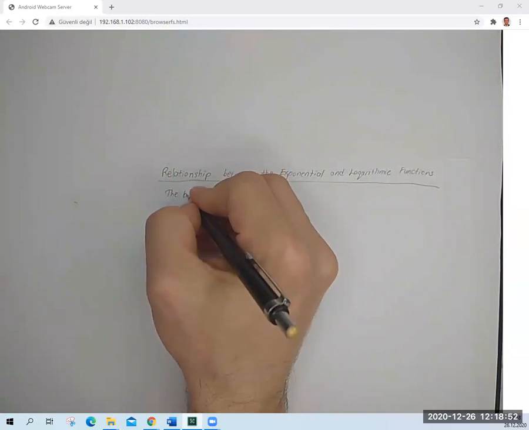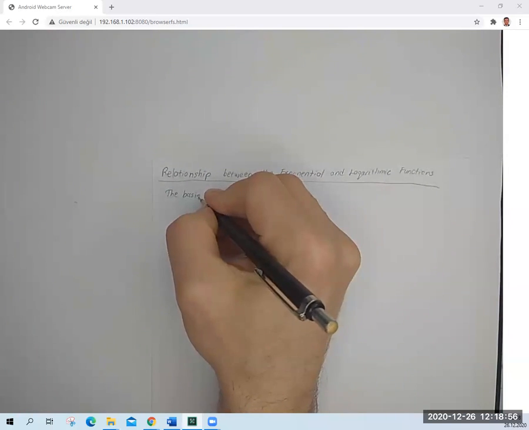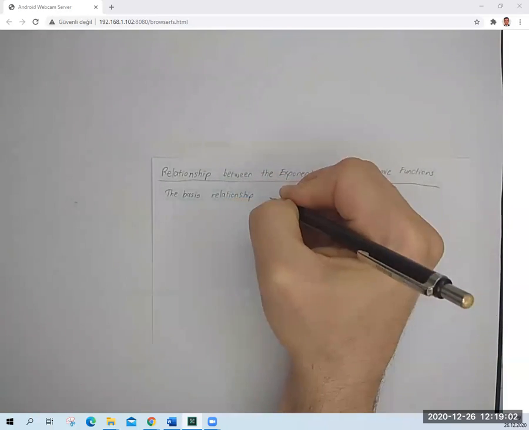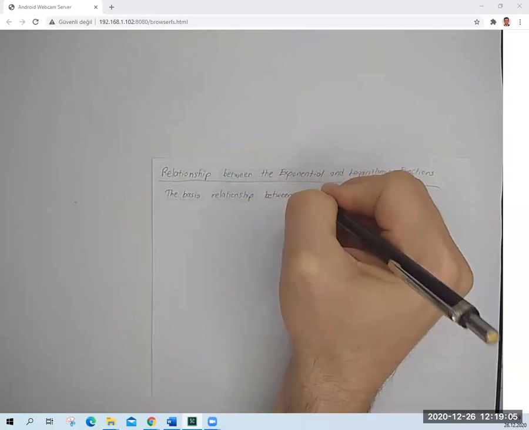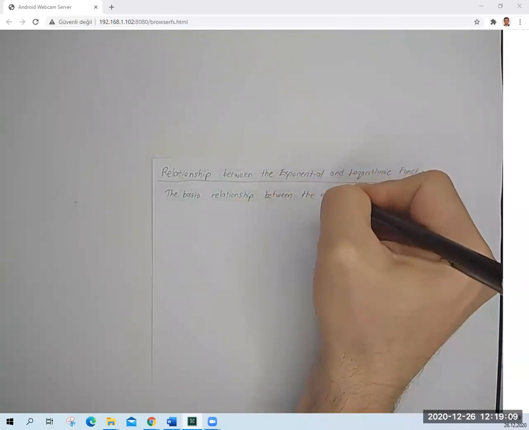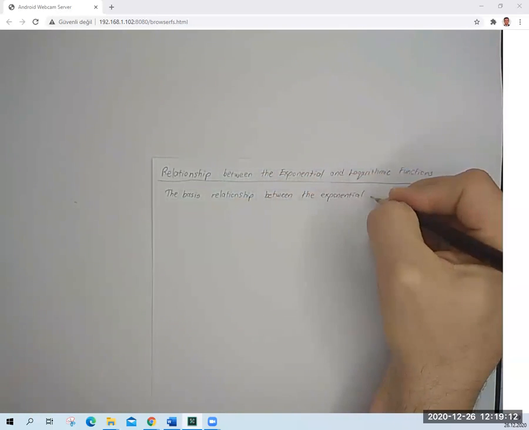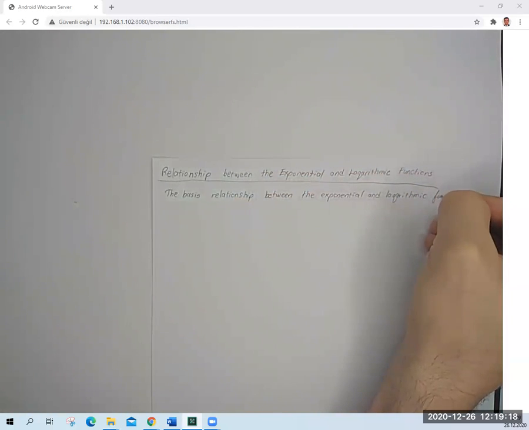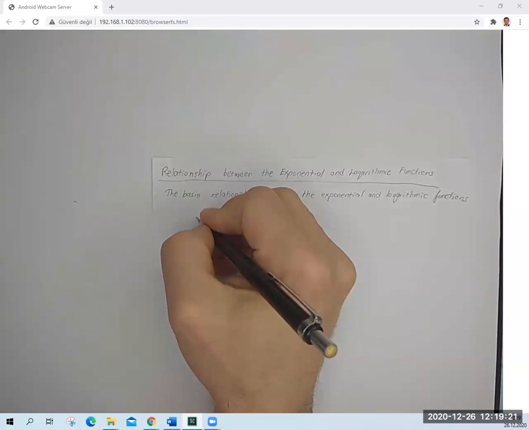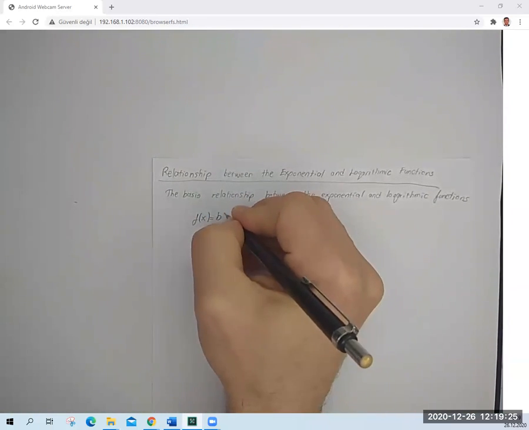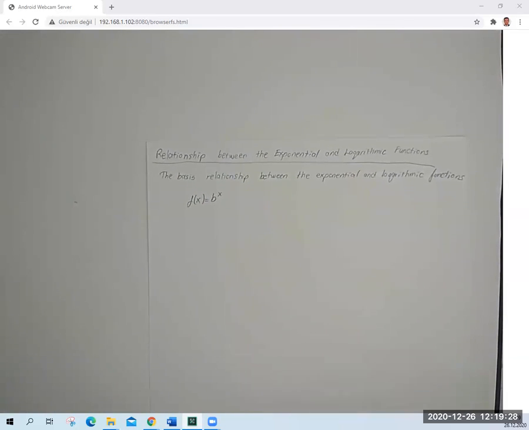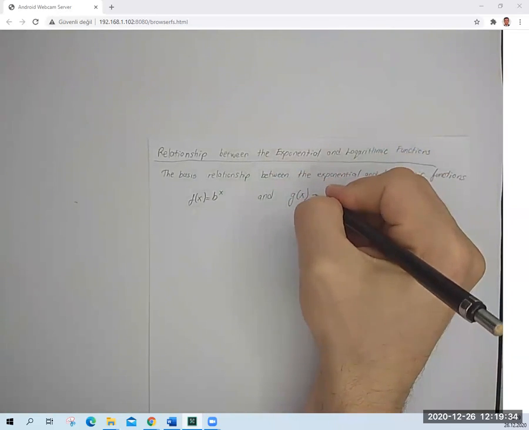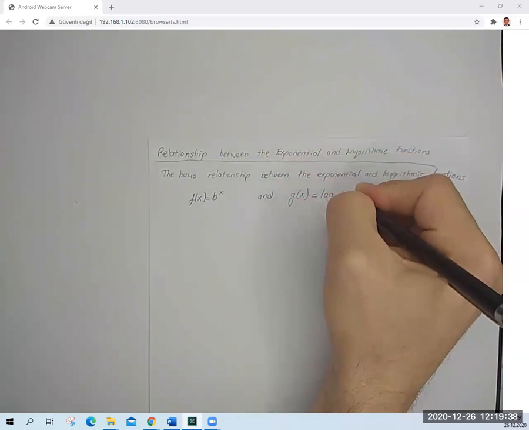Okay, let's write the basic relationship of the exponential and logarithmic function. f of x is equal to b to the power x, and g of x is a logarithmic function, base b of x.